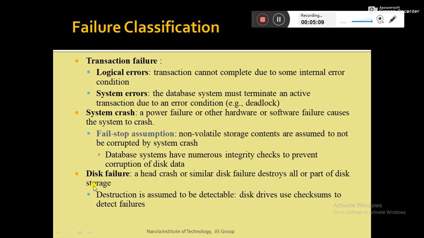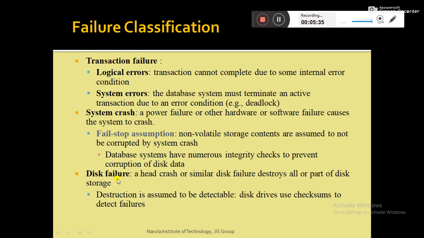The third type of failure is disk failure. Disk failure means, as the name implies, failure of the disk. As you know, the disk is a non-volatile storage, and the hard disk may fail due to, say, a head crash. The head is the read-write head, by which the data elements are read from and written to the disk.